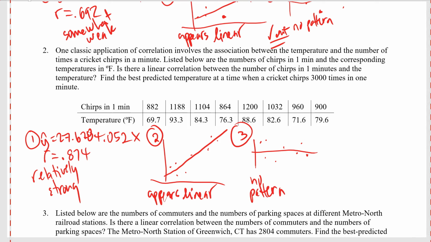We can predict. Predict 3,000 chirps. 3,000 is our x.